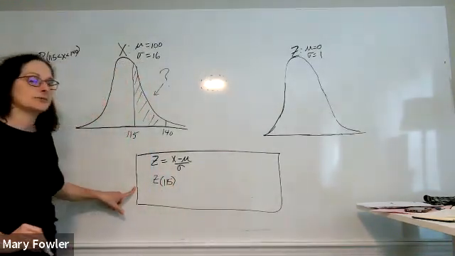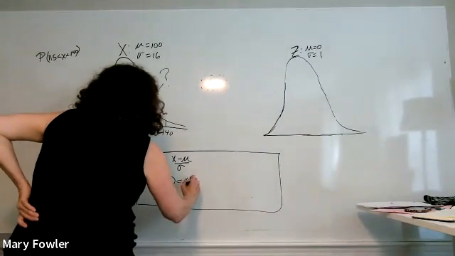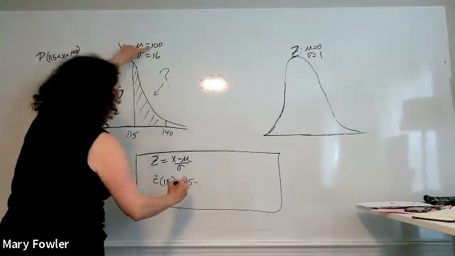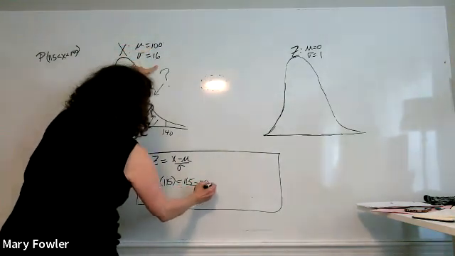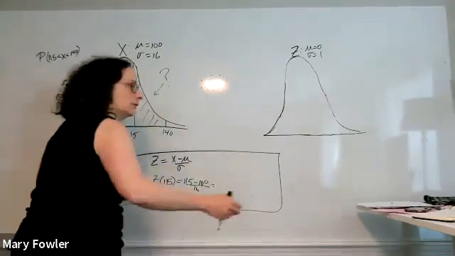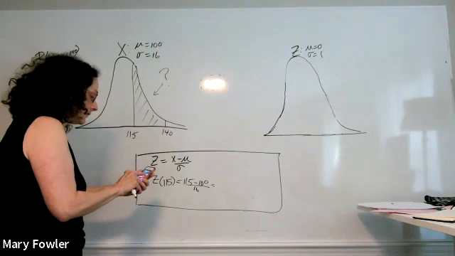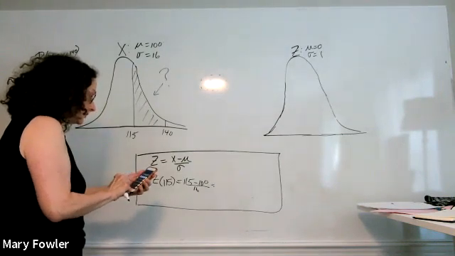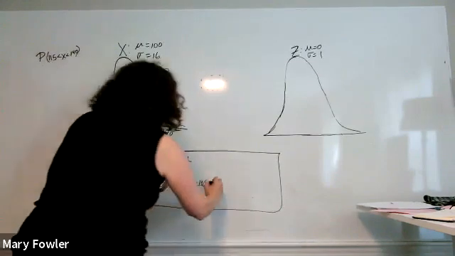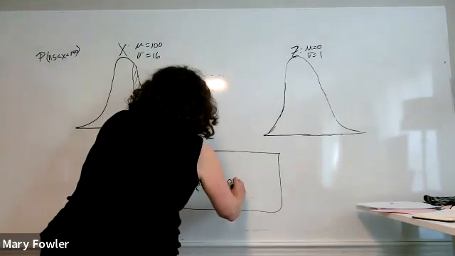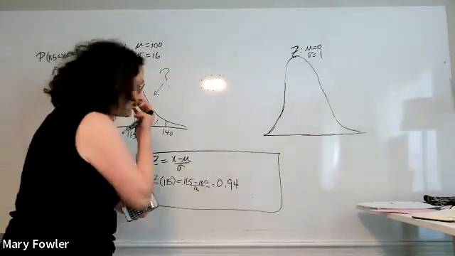The first one we're going to find is z of 115, and that's 115 minus the mean of 100 divided by the standard deviation of 16. Please work along with me with your calculators and take notes. We report this to 2 decimal places so we're ready for the normal table.